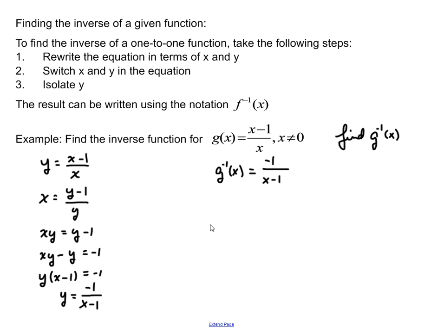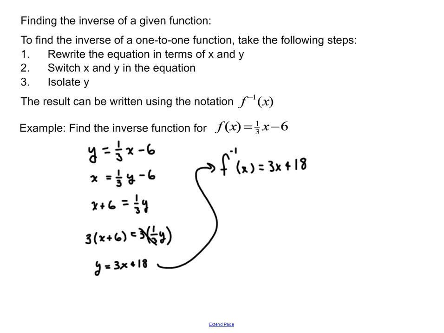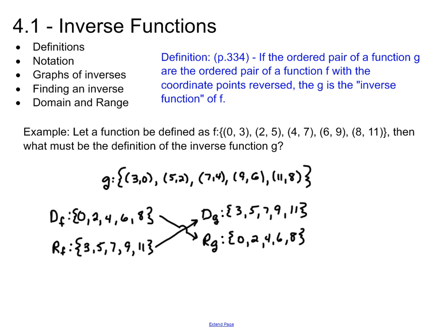Now, if that were all that was to it, I'd be fine. But I'm going to actually add one little bit right here that was not asked in this problem. What about the domain? Well, remember that we said early on in our presentation right here that the domain and range switch for a function and its inverse.